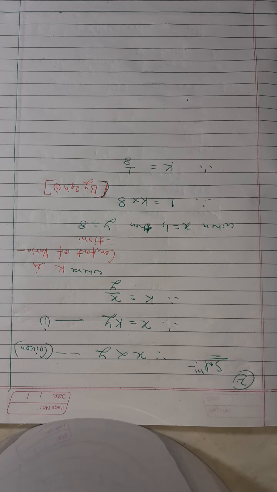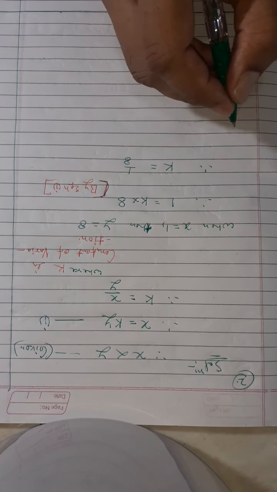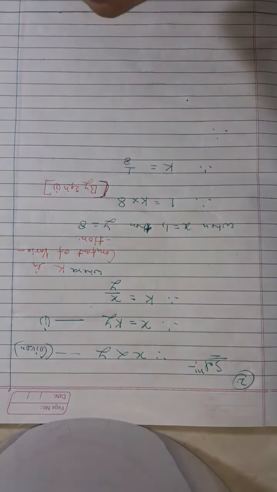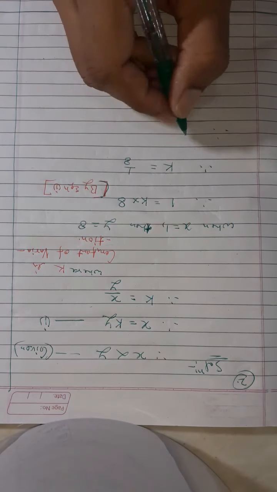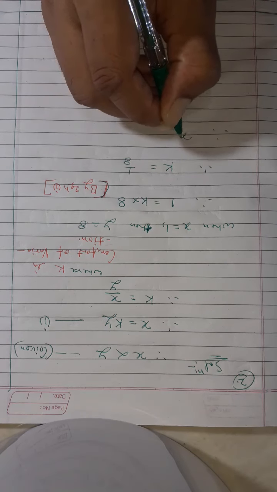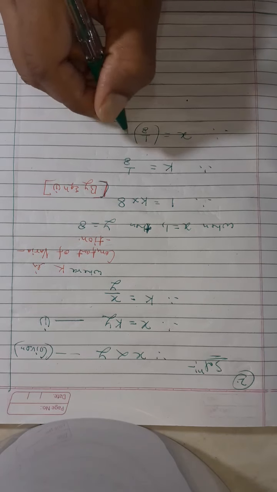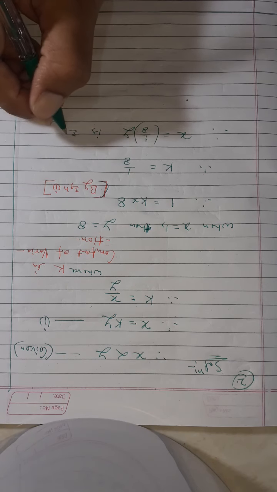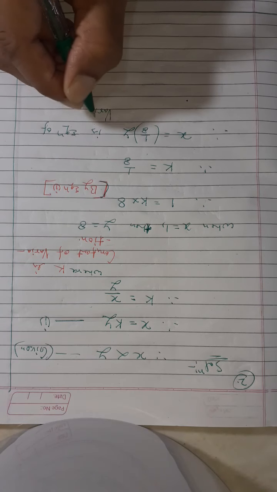Clear? So k is equal to 1 upon 8. Now therefore x is equal to ky is the equation of variation. Therefore x is equal to 1 upon 8 into y. This is the equation of variation.